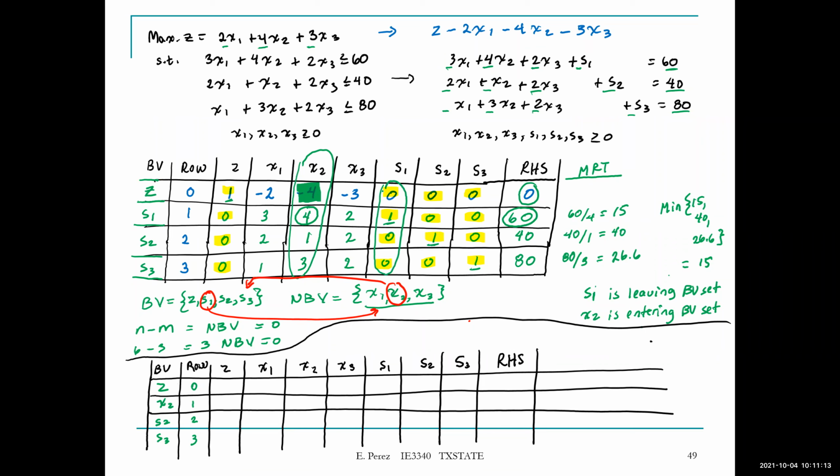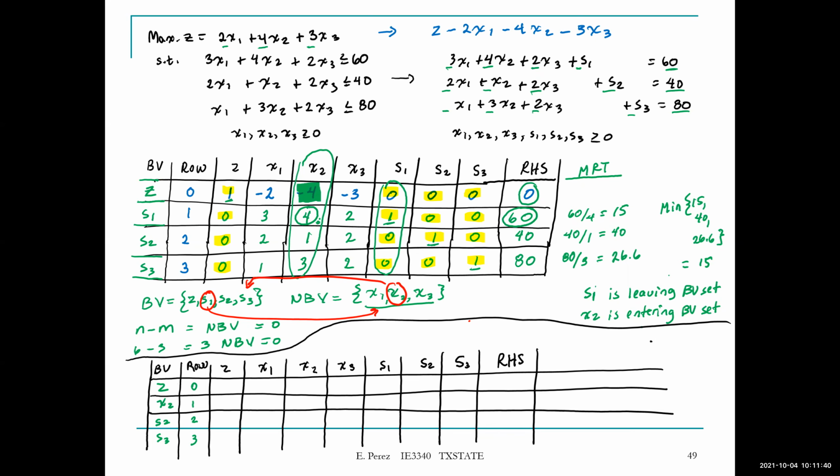The column for X2 needs to look like the column of S1. So I'm going to use elementary row operations to make that happen now. Okay, so what this means is this 4 coefficient here needs to be a 1. So how are you going to make that equal to 1? You're going to multiply row 1 by 1/4.